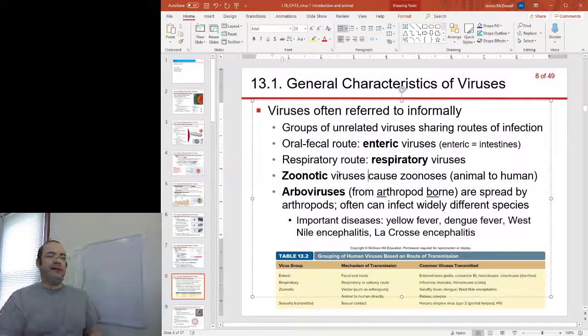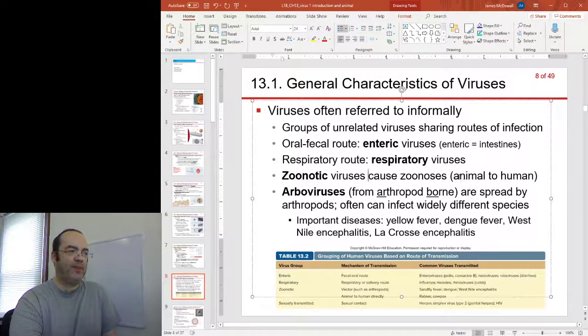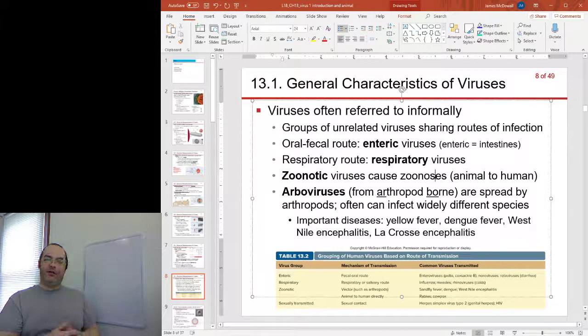Some other kinds of ideas about viruses. We can have zoonotic viruses. These are viruses that can be given to humans from other animals. And we have arboviruses, from arthropod-borne. And these are viruses that are spread by arthropods.